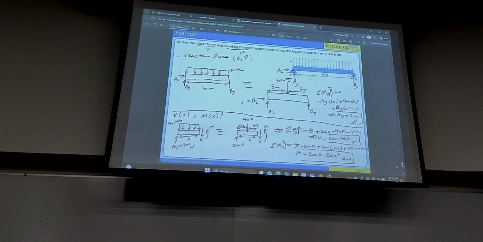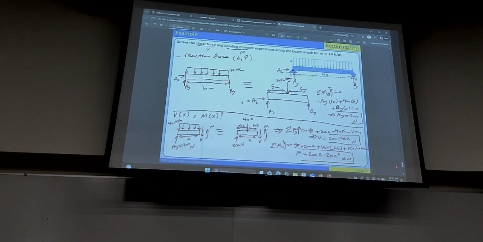If I say what is V in the middle of the beam, what would you do? It's half of it. Just half of it does not work, what would you do to get that? Divide by 2. What would you divide? You have the expression. In the middle of the bridge, what's the x value? X would be 5.